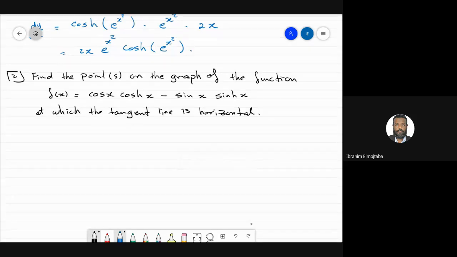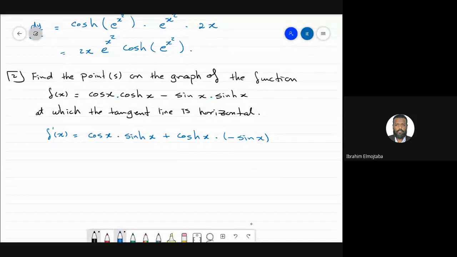So first we need to find f dash of x. We have multiplication in the first term, and also multiplication in the second term. So the derivative will be first one here, cosine x, multiplied by the derivative of the second one, the derivative of hyperbolic cosine, that is hyperbolic sine, plus second one, hyperbolic cosine, multiplied with the derivative of the first one, the derivative of cosine, that is minus sine x.